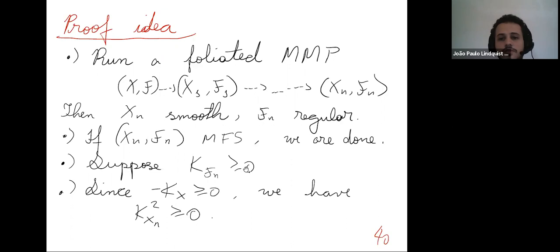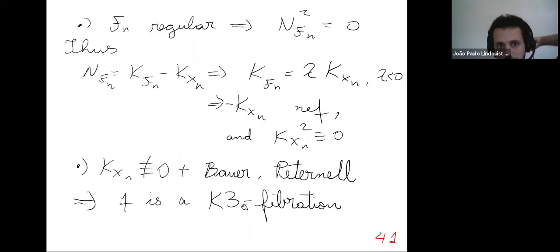So let's suppose this is not true, that K_{F_n} is nef. Since minus K_X is nef, the square is positive. Moreover, since F_n is regular, by Bott's vanishing theorem the square of the normal bundle is 0.